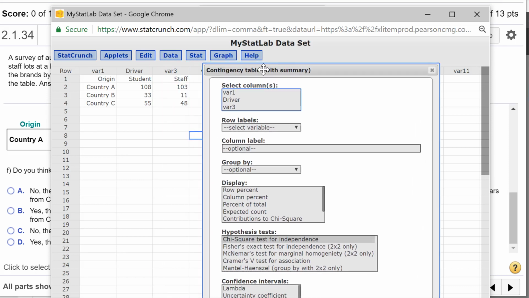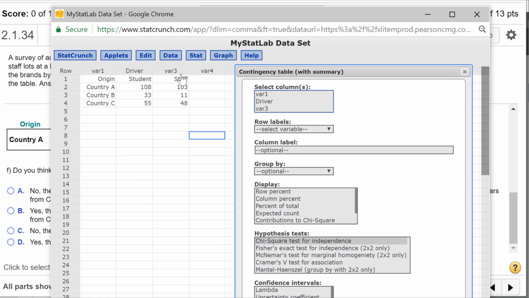In this case, we have driver and var3, I guess. Student driver. It sort of split this up not the best way when I pulled it in here. Row labels, 1. And so here's where we can do, if you want, row percent, column percent, or percent of total, and play around with that to see which one. It depends on what question they're asking.